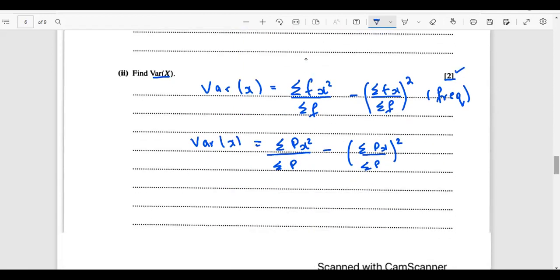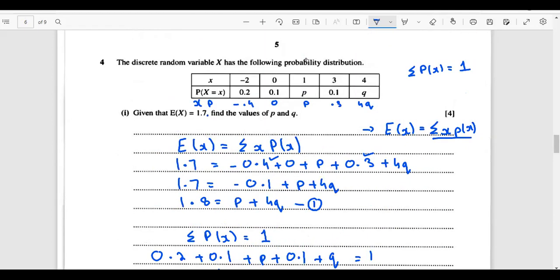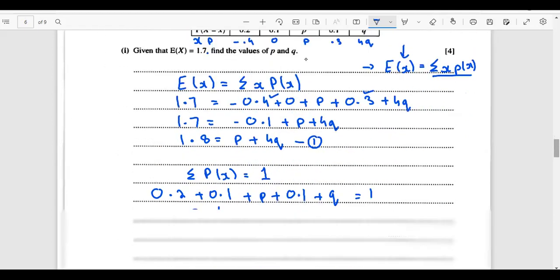Now the fact that summation p is 1, I can write it down as summation px squared minus summation px, whole squared. This is what we discussed in the very beginning: the expected value of x.